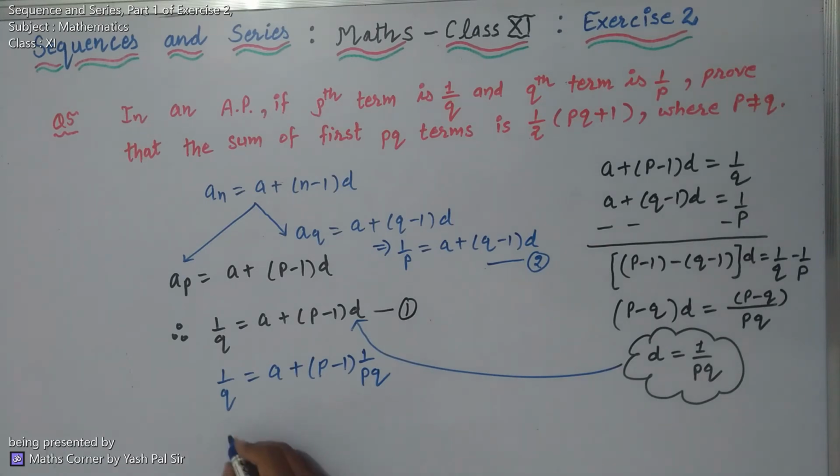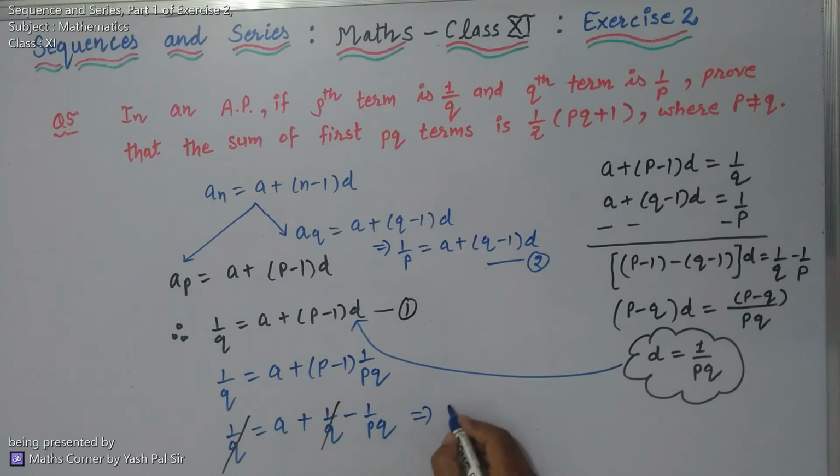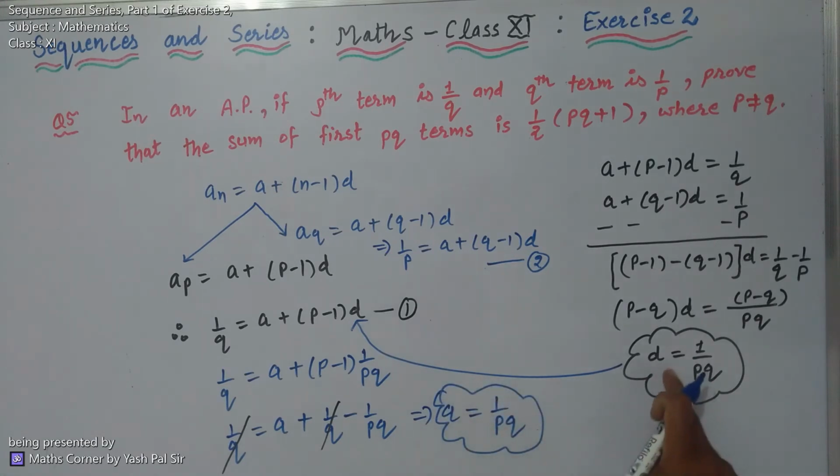So this means 1 upon q is equal to a plus p upon pq, that is 1 upon q minus 1 upon pq. So again 1 upon q is cancelled. So what we can say from here, the value of a is also equal to 1 upon pq. So a is 1 upon pq, d is also equal to 1 upon pq.